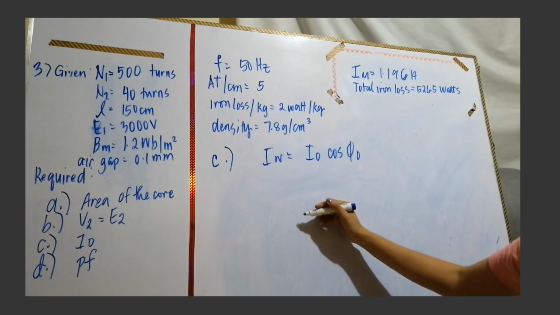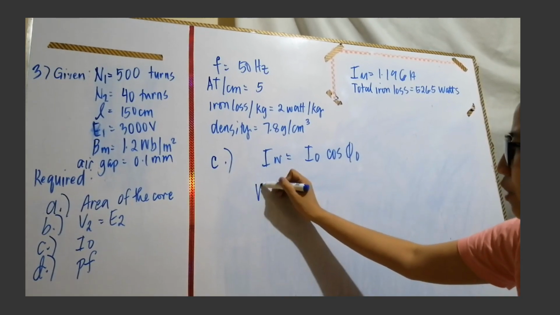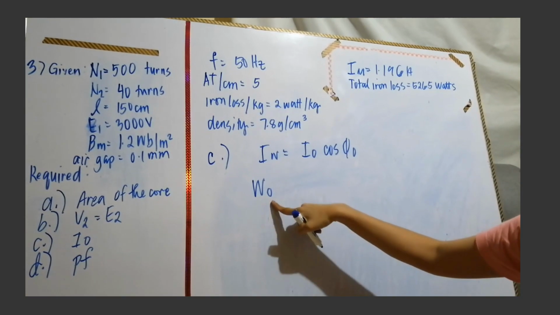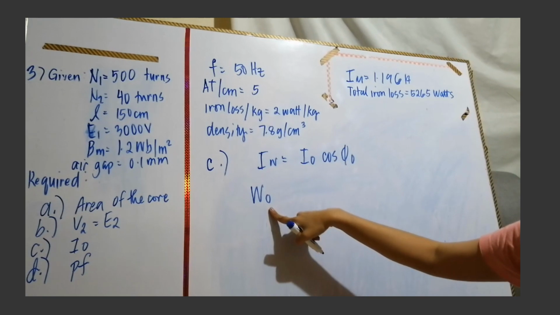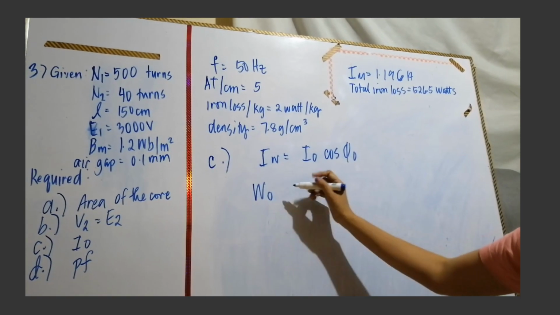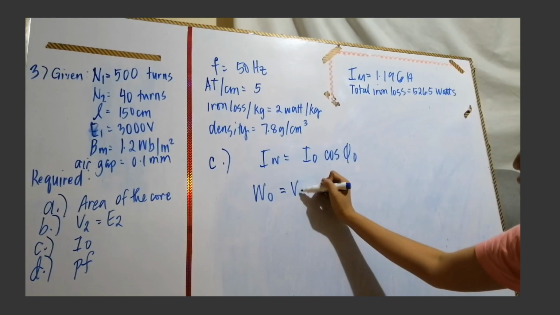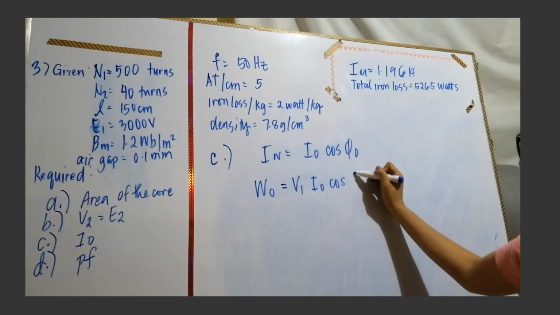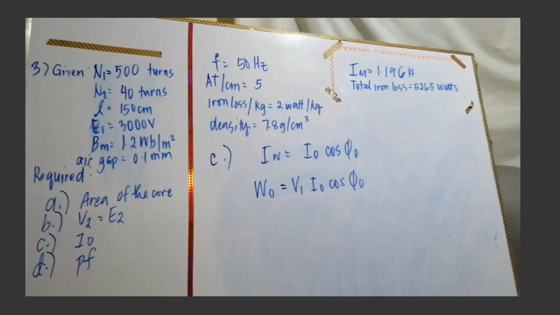So therefore we can use this formula: W sub 0, which stands for the input power at no load condition, is equal to V sub 1 times I sub 0 cosine phi sub 0.